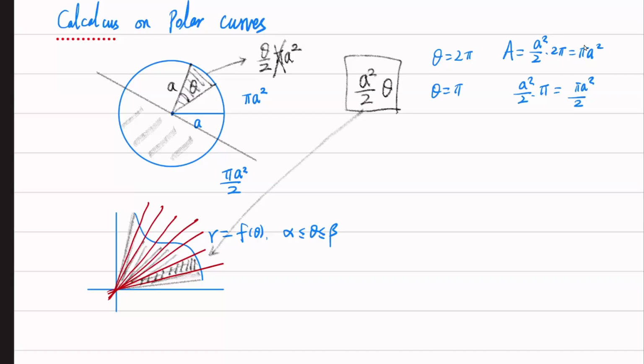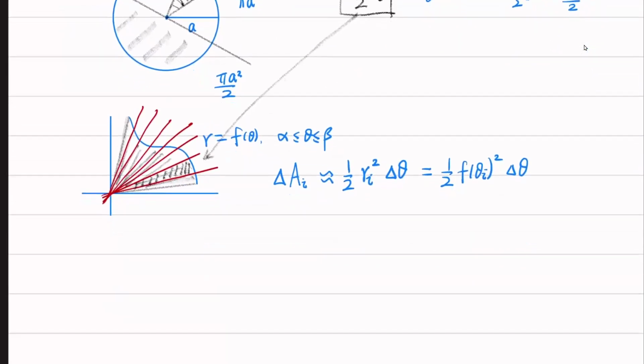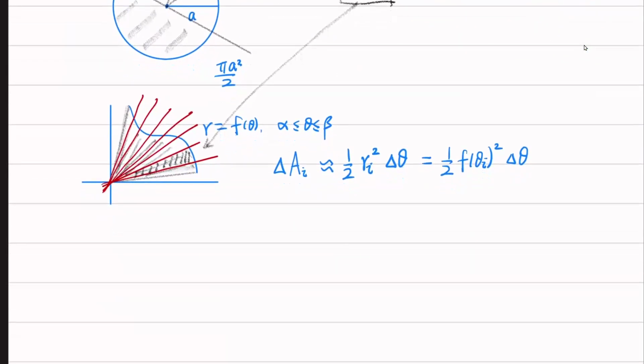So the approximate area: the radius is given by this function, 1/2 r_i squared times the increment. So adding these elements together, we have one approximation.